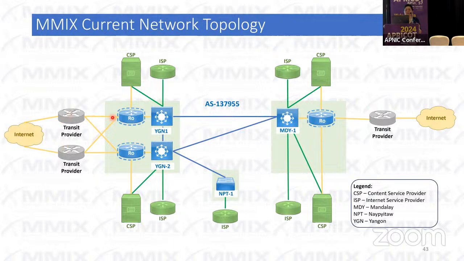So this router can feed traffic to the CDN and at Yangon. In Mandalay, it is the same, but we have only one switch feeding the IP transit traffic to the CDN. And for Nibiru, we have only one service provider, so it's like a remote small switch, small network.